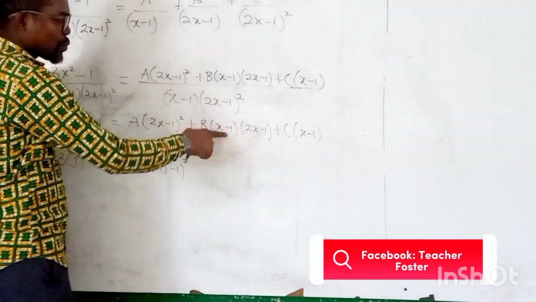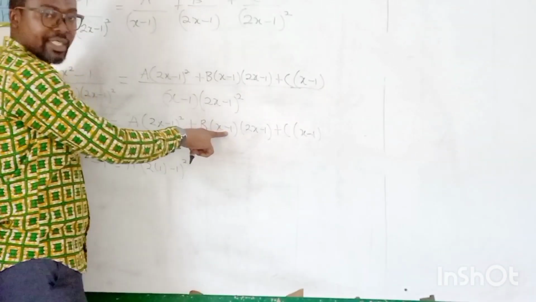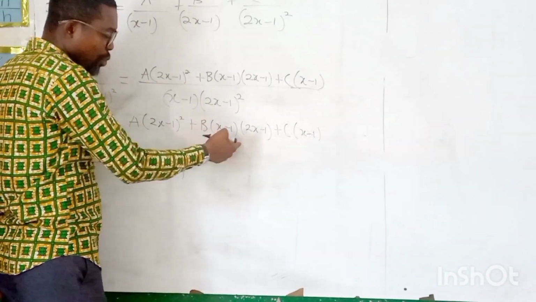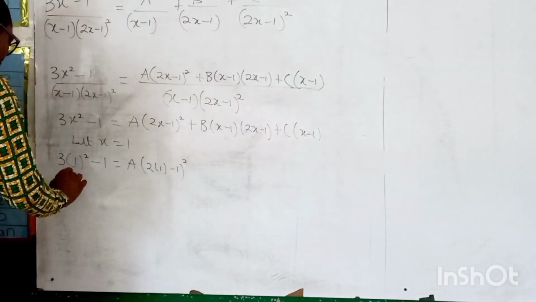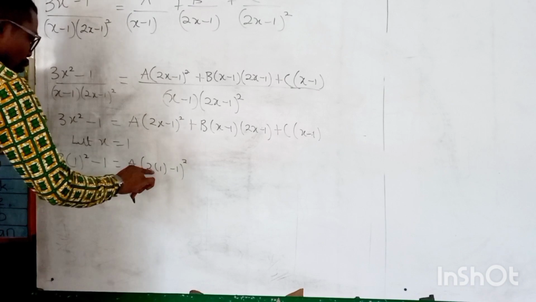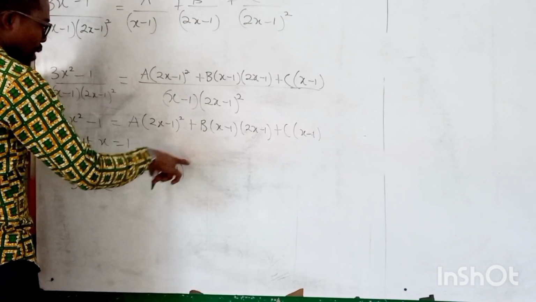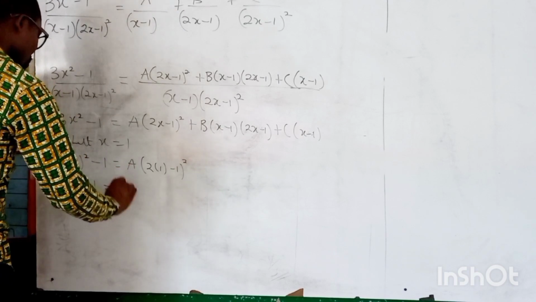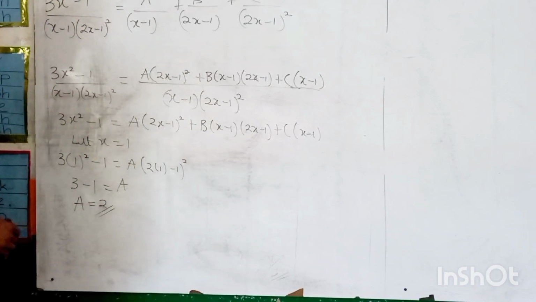Then 1 minus 1 is 0, so that takes everything away because it's multiplying. And 1 minus 1 is 0, that also eliminates C. So I'll have 3 minus 1 is equal to 2 times 1 is 2 minus 1, that's 1. 1 squared gives me 1, so that's equal to A. So clearly my A is equal to 2.